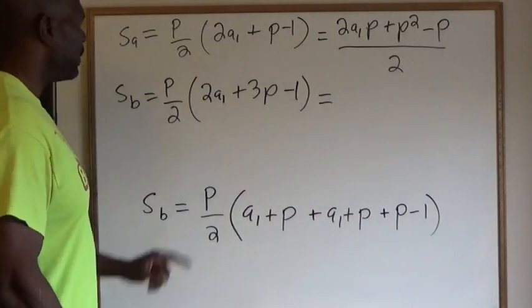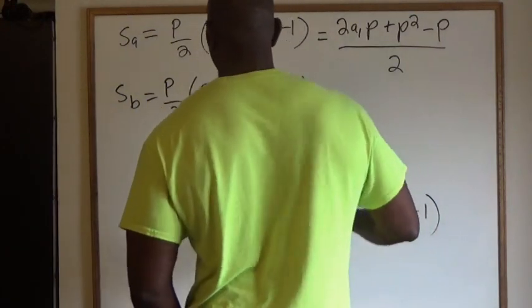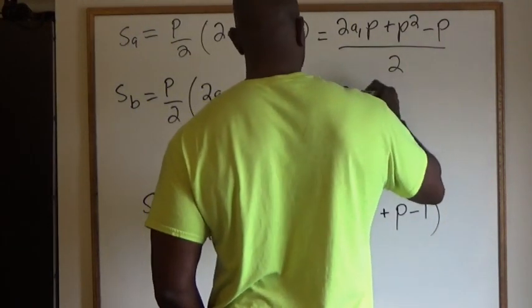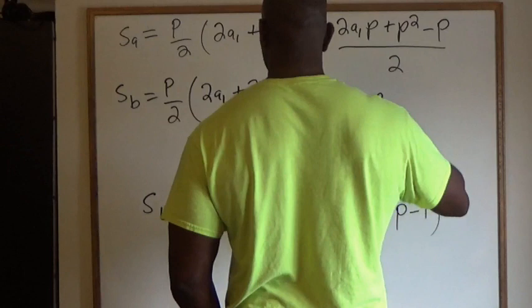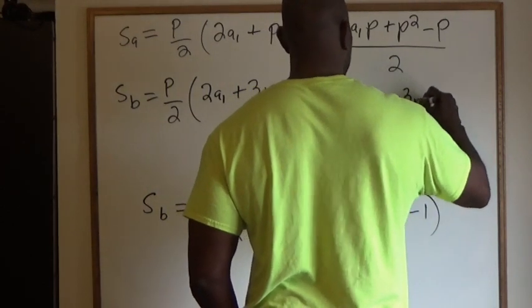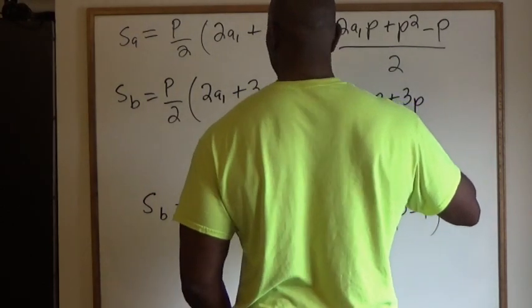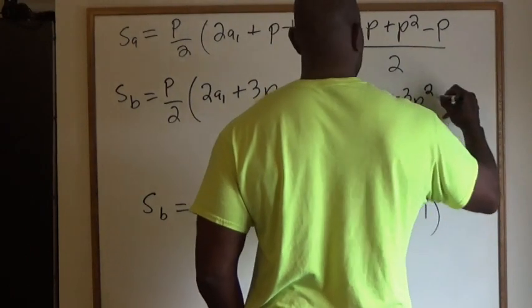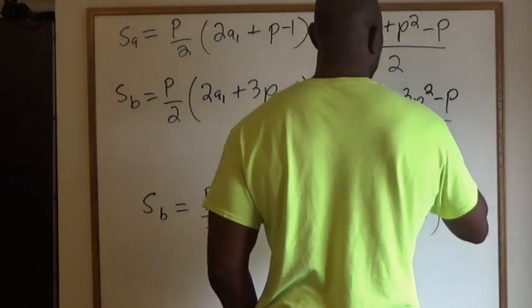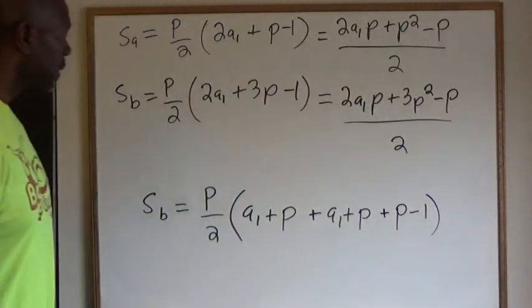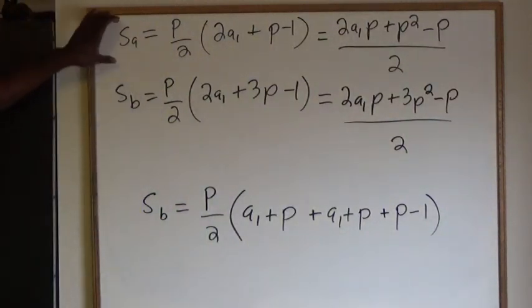And then again, if I distribute the P, I will get 2A1P plus 3P squared minus P over 2. Alright, so this is the second partial sum, this is the first one.